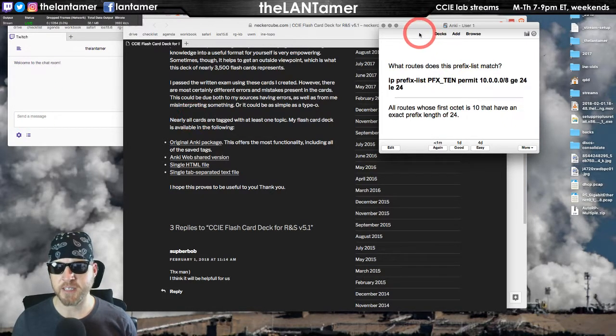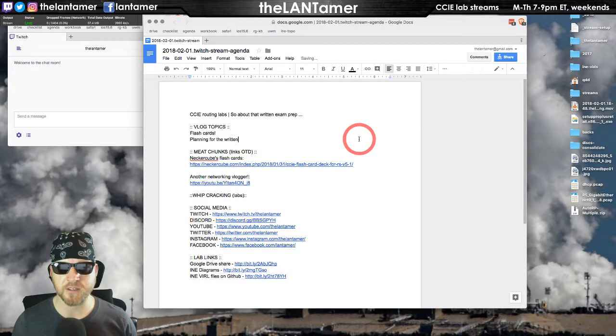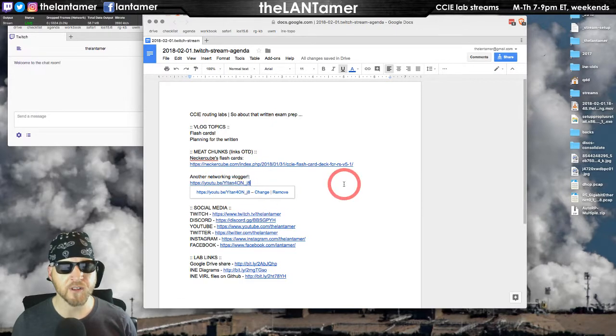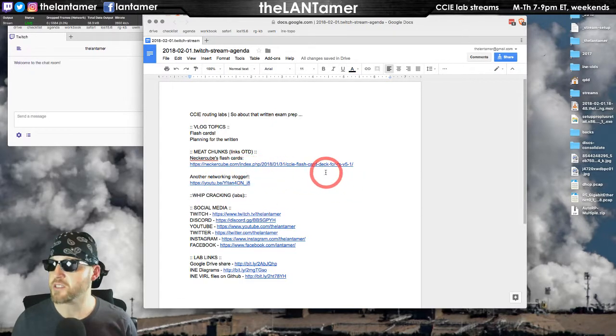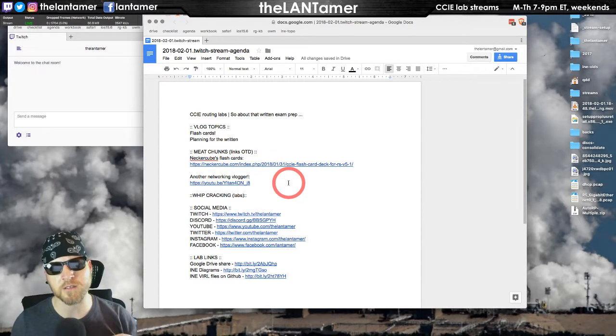So anyway, that's the first order of business, but it is related to this other thing. There's one other meaty chunk here. Another vlogger, which is really cool. This is someone who is involved mainly in wireless implementations and is also working on network programmability, particularly with wireless implementations.